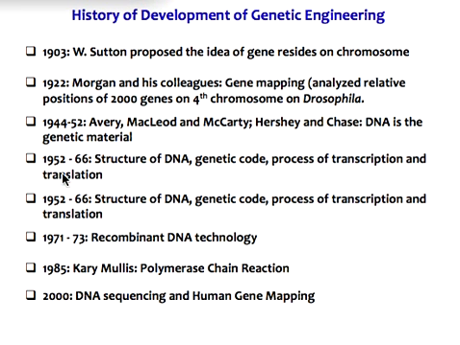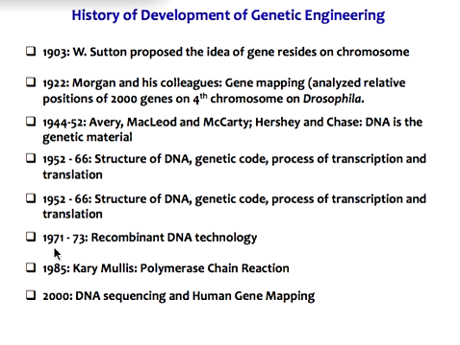And during 1952 to 1966, the structure of DNA came up by Watson and Crick, as you know, and then the genetic code was known, and then the processes of transcription and translation came up. In 52 to 66, all this happened.